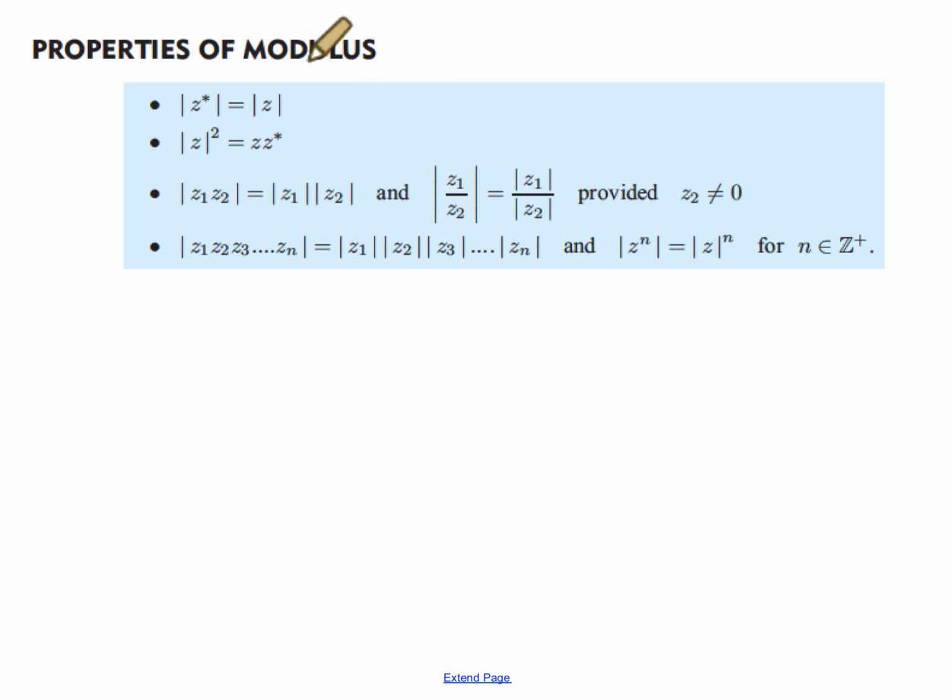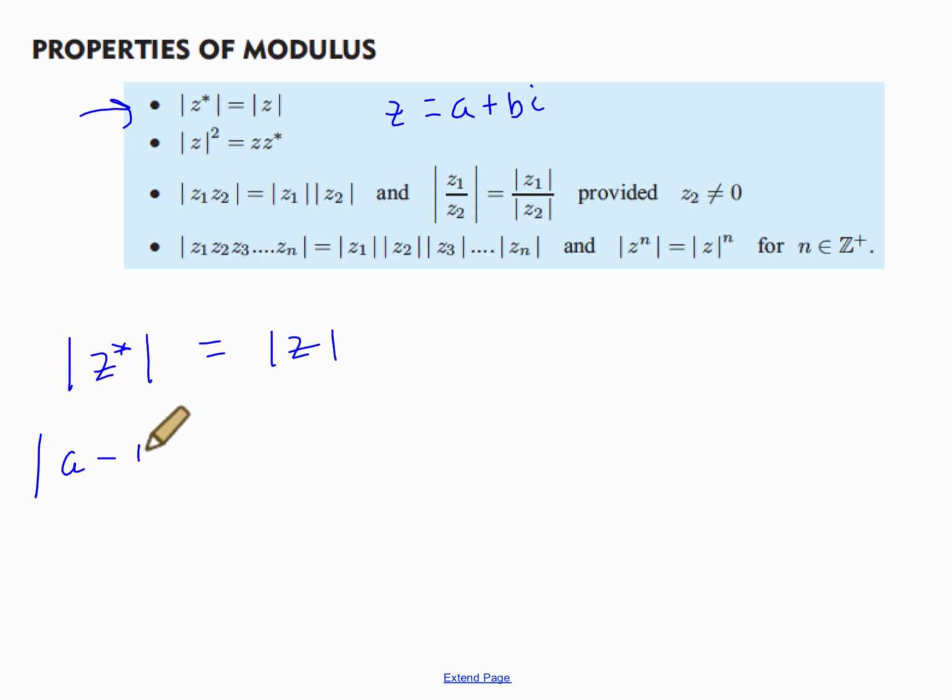We have some properties of modulus here. A lot of them make sense. I'm just going to show you this one real quick. So let's just let z equal a plus bi, right? So the modulus of z star is equal to the modulus of z. Well, the modulus of z star would be the modulus of a minus bi, right?